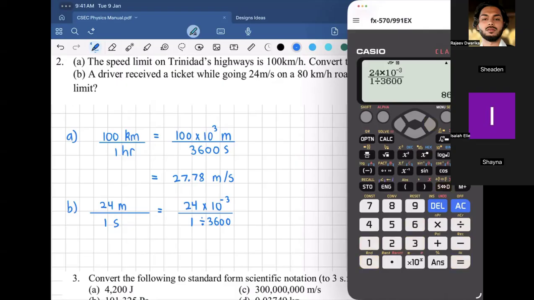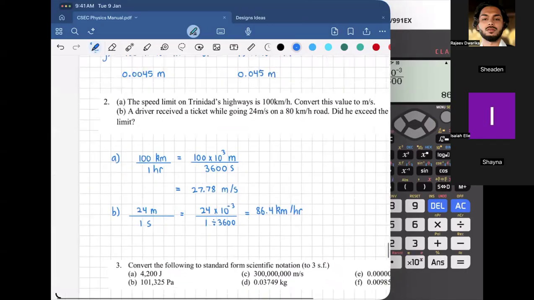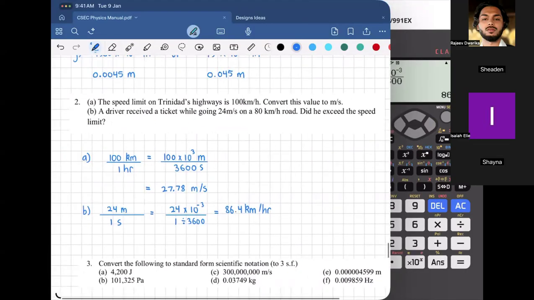We're getting 86.4. And that would be 86.4 what? Kilometers per hour, because we converted the top to kilometers, and we converted the bottom to hours. So was the person exceeding the speed limit? Yes.